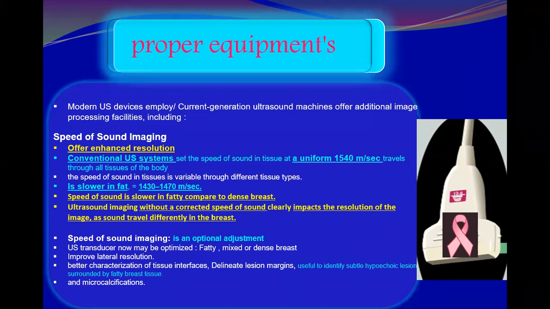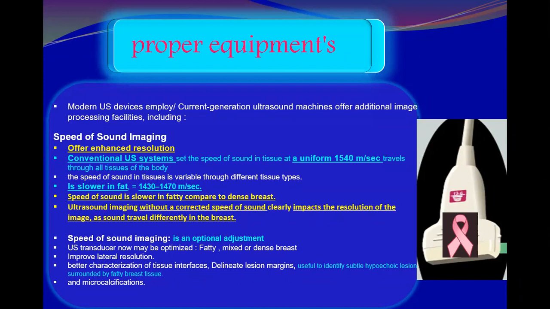So to correct this problem, modern ultrasound machines have a facility to optimize the transducer according to the tissue component, whether the breast is fatty, mixed, or dense.